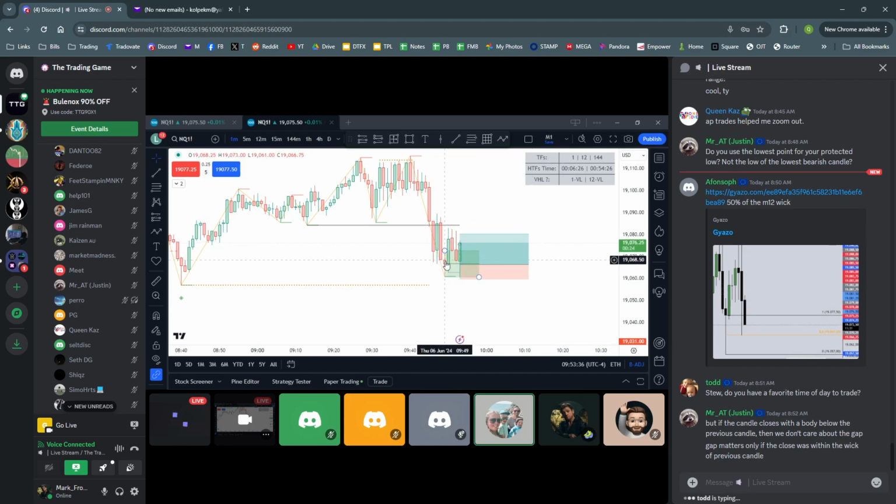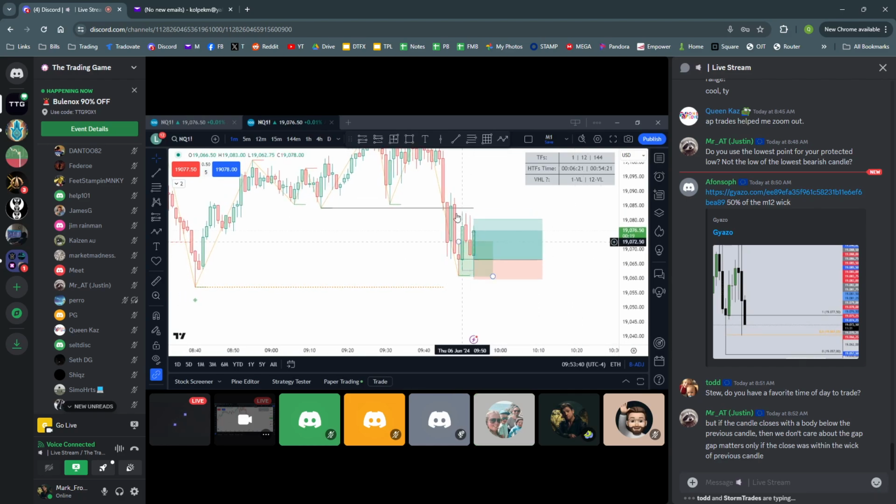I'm not going to take that just because of the gap there. So that's messing with me a little bit because I'm looking at this like it's a continuation candle.